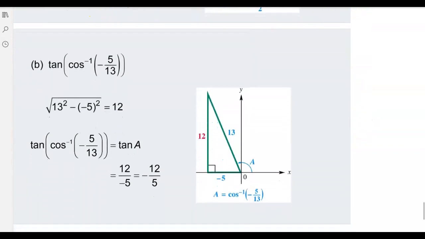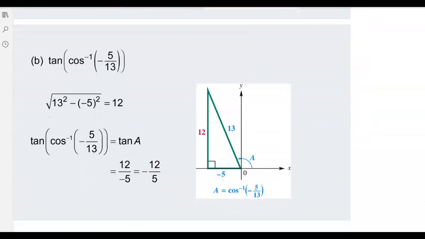Here's another example that's similar. This part here is asking, what angle has a cosine of -5/13? Because we have a negative value, our triangle is going to be drawn in the second quadrant. Cosine is the adjacent side over the hypotenuse.